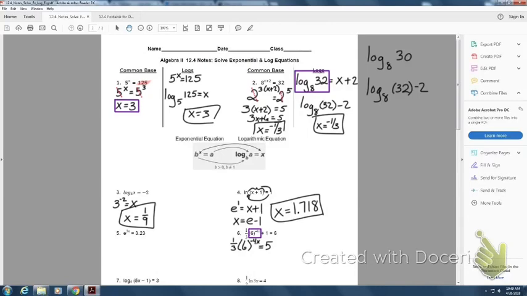How do I get rid of 1/3? Multiply both sides by 3. Once I'm there, can I fish hook that? Yes. Paulina, whenever I fish hook that, what is it going to look like? What is the base?